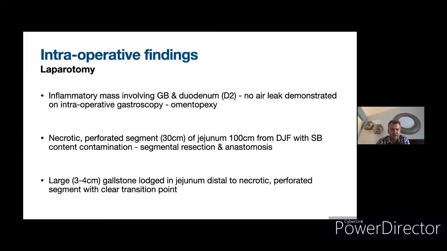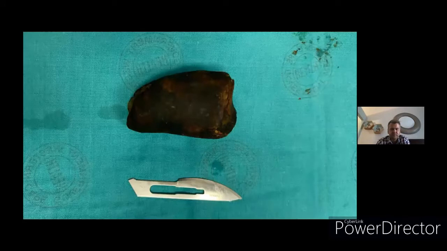And then distally in that segment of small bowel, we found a large 3 to 4 centimeter gallstone lodged in the jejunal lumen with a clear transition point in the dilated bowel and collapsed bowel distally. That was the gallstone we removed from the jejunal lumen. It was about 3 to 4 centimeters.